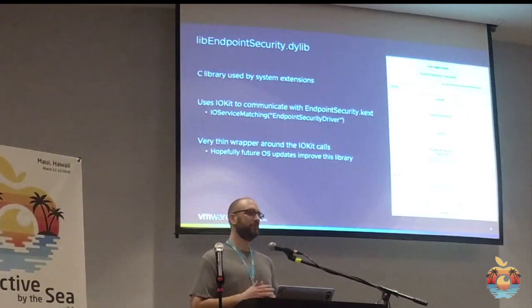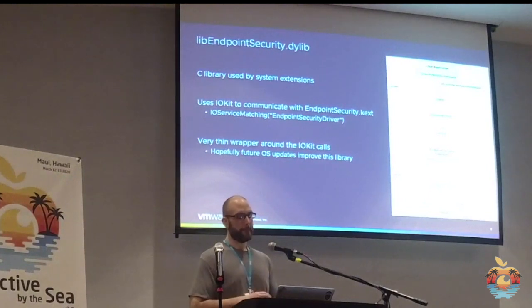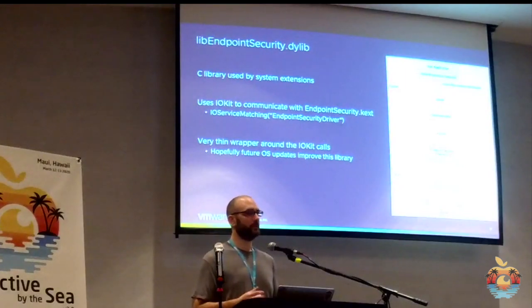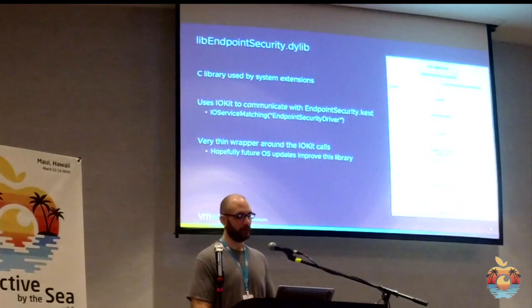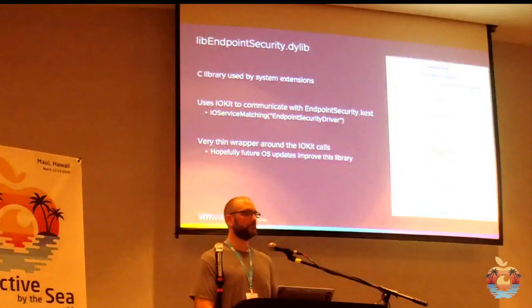So moving up this stack out of kernel space now, the next thing we get to after the kernel extension is your system extension itself. This is really what is doing the communication with the kernel extension. And there's a new library called lib_endpoint_security.lib. It is a C library that you use in your system extension, which presents some challenges at times because it's not very high level.